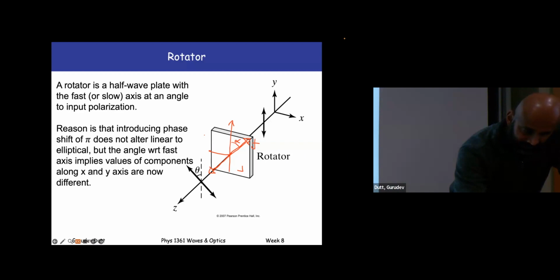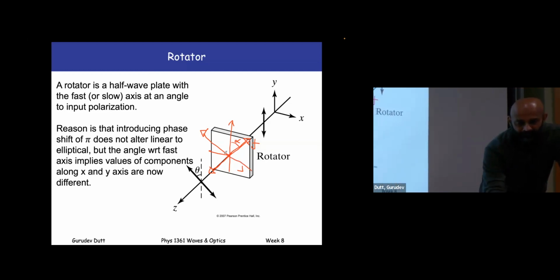So I can generally write that it's maintaining the component along S, the slow axis, but it is now going to have an opposite sign on the fast axis. So the total angle which it has rotated by is 2 times alpha.